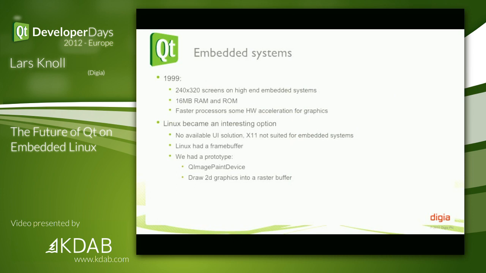So 240 times 320 screens, half VGA screens, were often available on some of the higher end of the system, and you did have 16 megabytes of RAM and ROM, and usually a faster processor, and some usually very limited hardware acceleration for graphics. So Linux really became an interesting option there to do embedded systems, and there were many companies looking into that instead of looking at some of the commercial real-time operating systems.